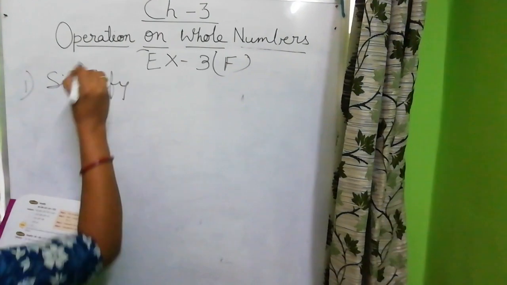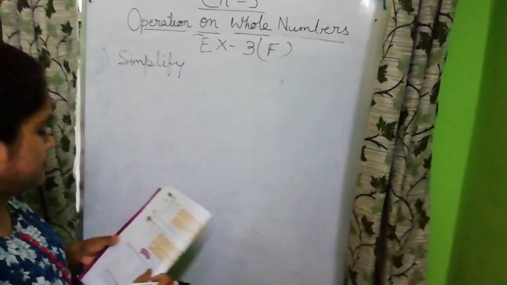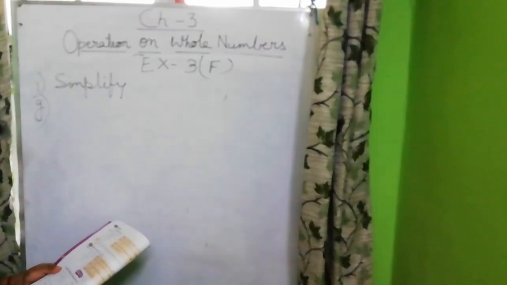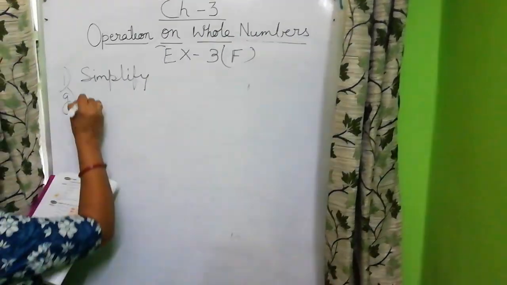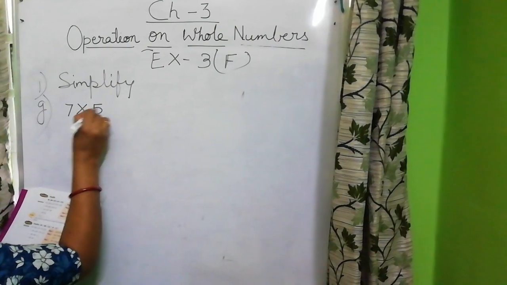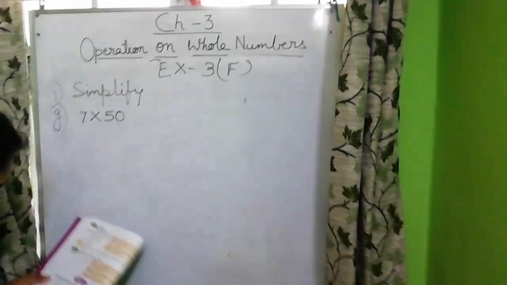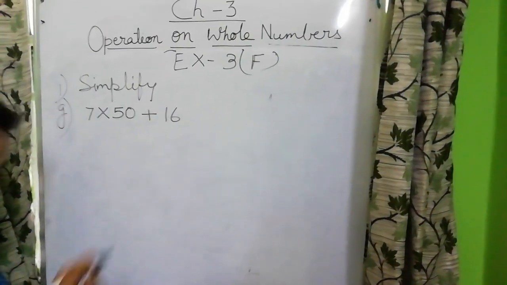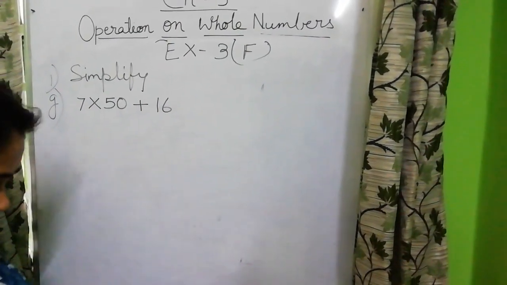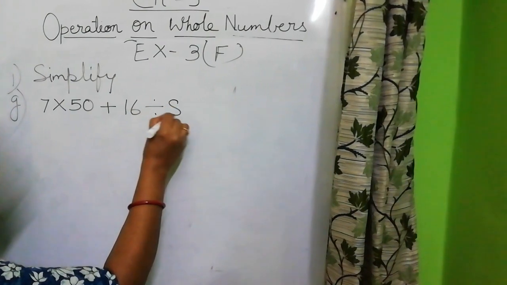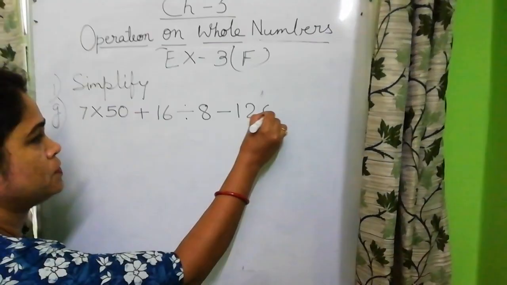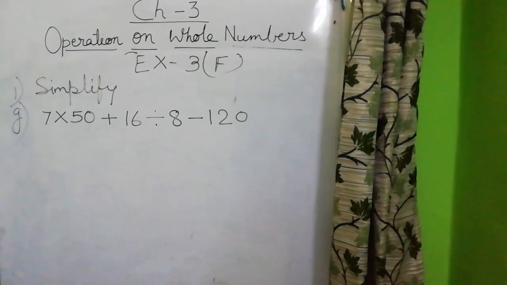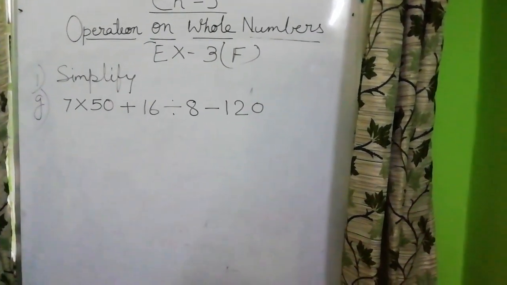Means solve and give the exact answer. Now G number I am doing. 7 into 50 plus 16 divided by 8 minus 120. The question is 7 into 50 plus 16 divided by 8 minus 120.